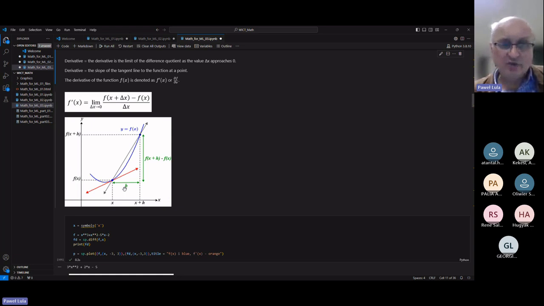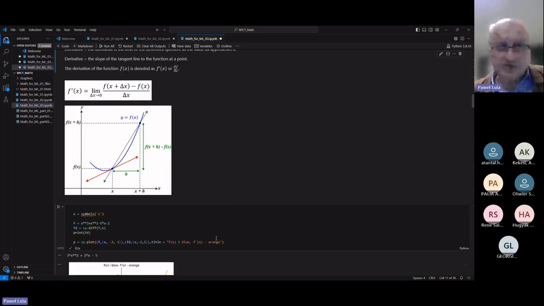So we know the definition of a derivative of a function. Of course, we would like to have a formula for calculating the value of this derivative at a given point.